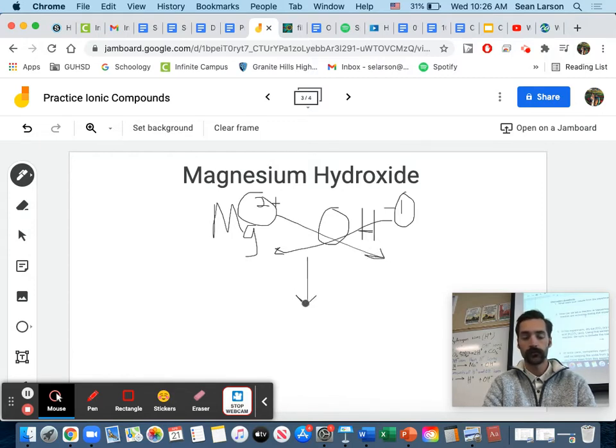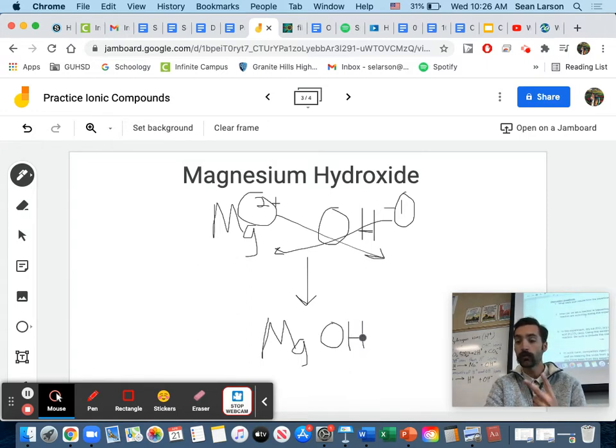So our chemical formula for magnesium hydroxide would be Mg1, a single magnesium because of the charge here, and then OH. We're going to need 2 OHs, and how we show that is we put parentheses around our OH, and we put a 2. That represents the fact that we have 2 OHs here.